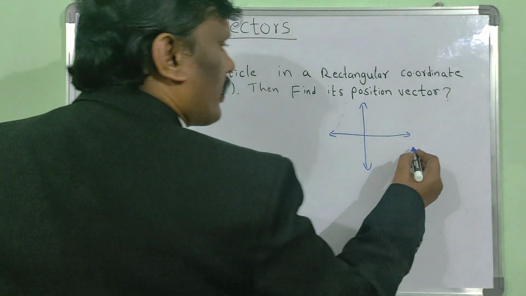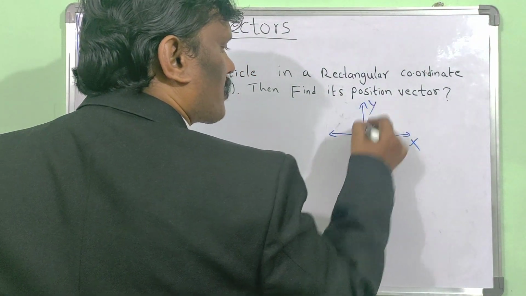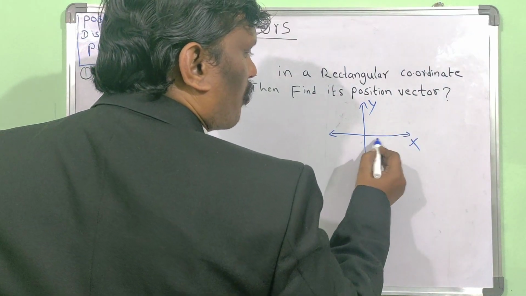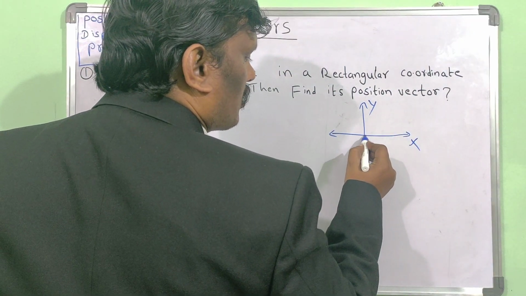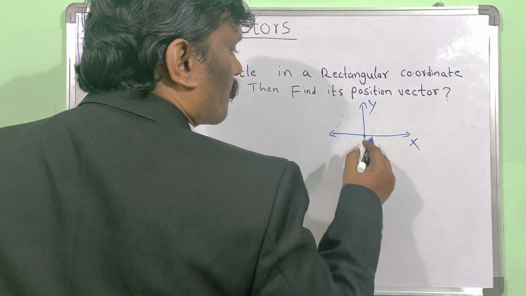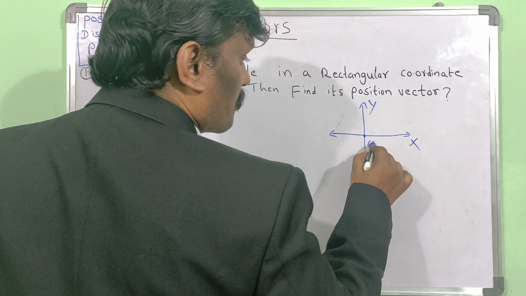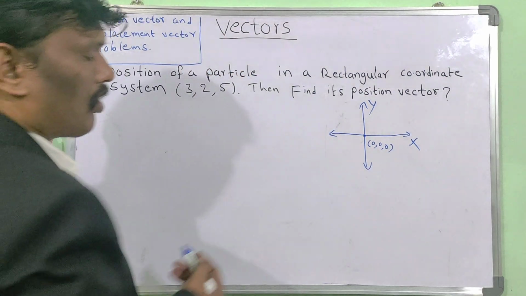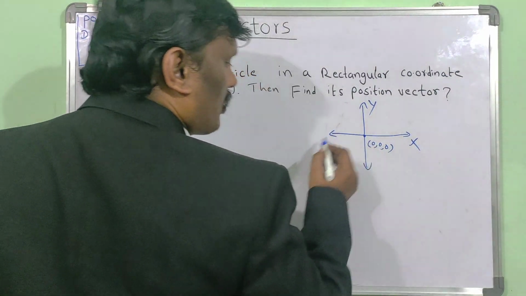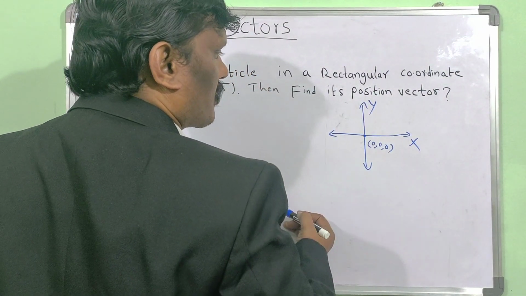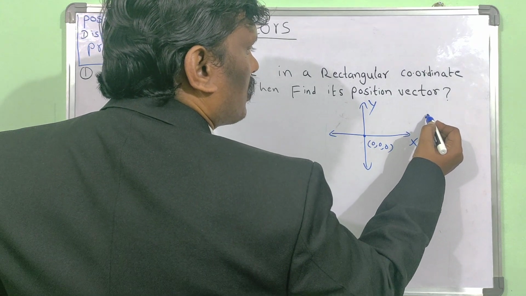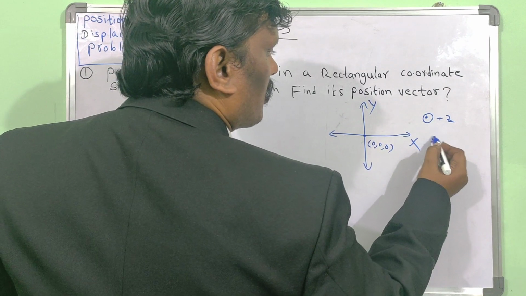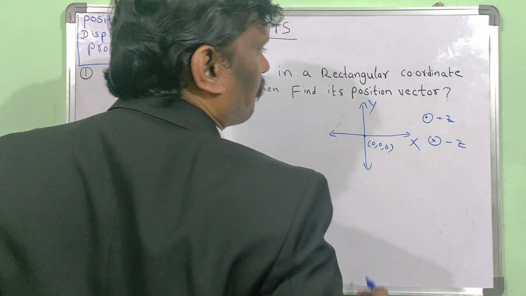So this is the x-axis and this is the y-axis, and how do we represent the z-axis? This is the positive x-axis, this is the origin. In a Cartesian coordinate system in 3 dimensions, 0, 0, 0 is the origin. This is the positive x-axis, negative x-axis, positive y-axis, negative y-axis. This is the positive z-axis representation, and this is the negative z-axis representation.